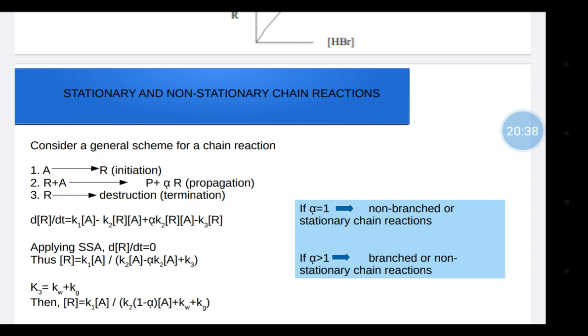That means in the propagation step, if one chain carrier produces another chain carrier, it is a non-branched chain reaction or a stationary chain reaction. Clear? In such cases, the radical concentration is proportional to the ratio of its rate of formation to the rate of destruction. Okay.